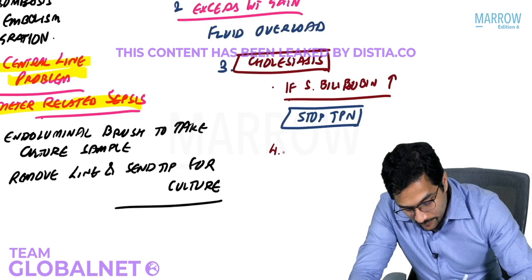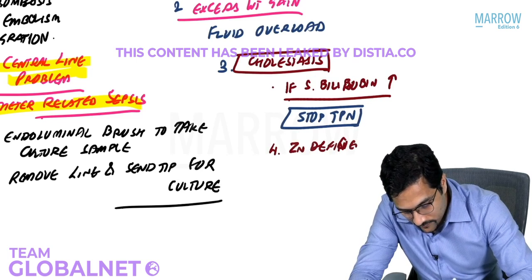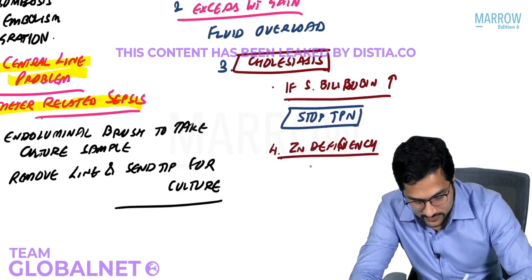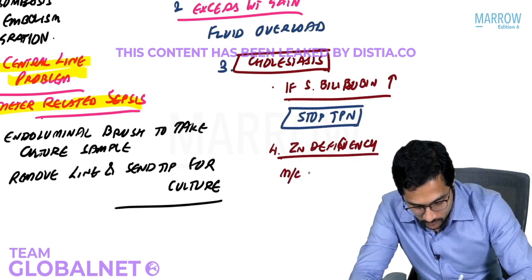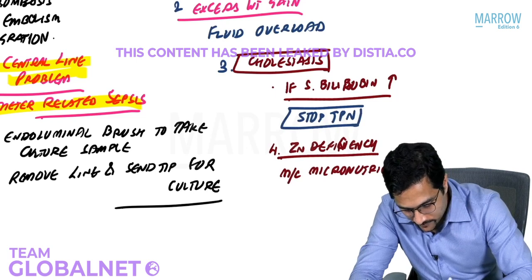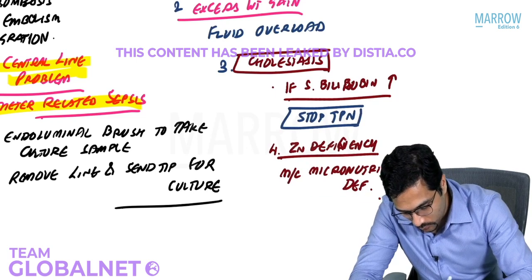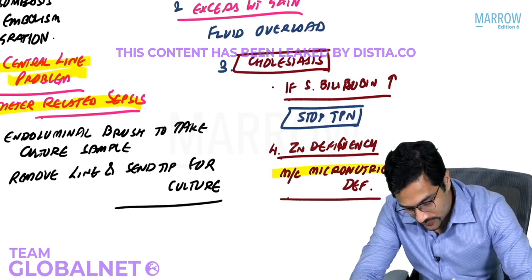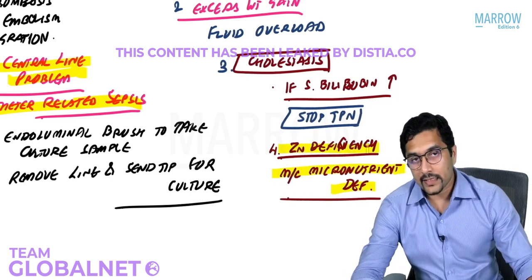Other problems with TPN: zinc deficiency. So there can be micronutrient deficiency, and zinc deficiency is the most common micronutrient deficiency seen with TPN.